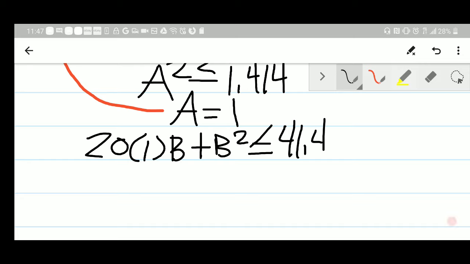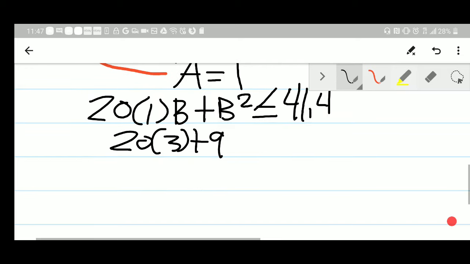So 2 would overshoot, because that would be 4, and that would be 40. 4 is too much. So we have to do 3. So b is 3. So that would be 20 times 3 plus 9, that would be 60.